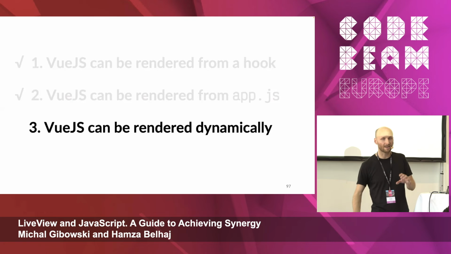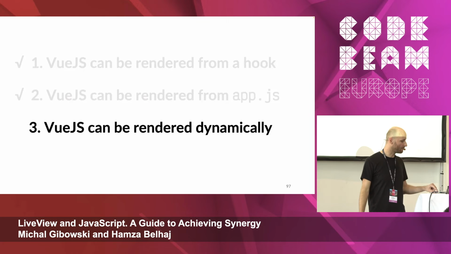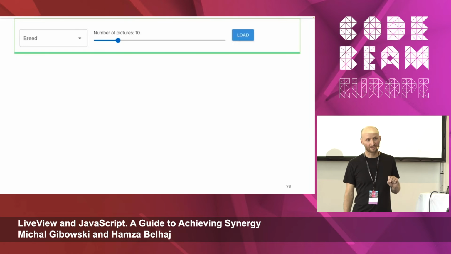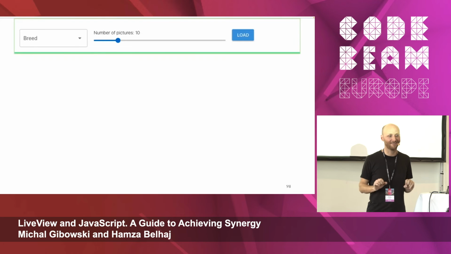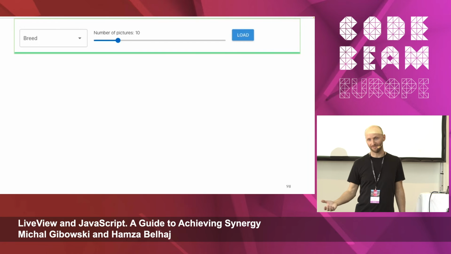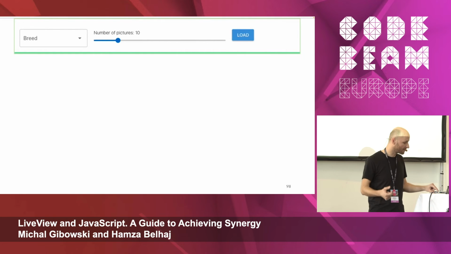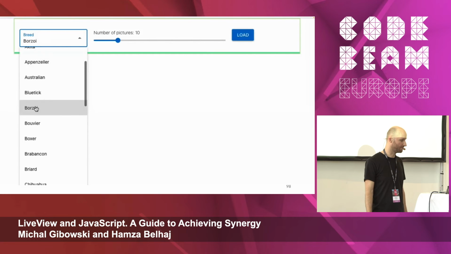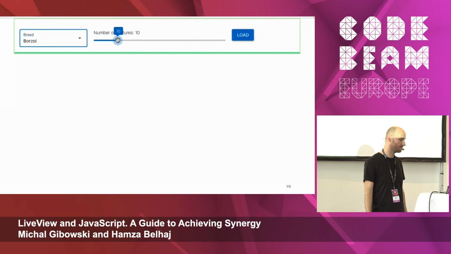It is rendered by LiveView. So in the case of our demo, let's imagine our dog pictures are not just dog pictures. Let's imagine we want them to become Vue.js apps on their own. So we will see a very simple Vue.js app for each of the pictures. It will just have some tooltip there, but it could be something else.